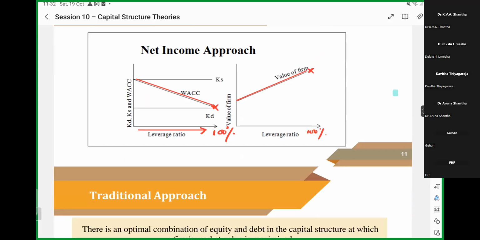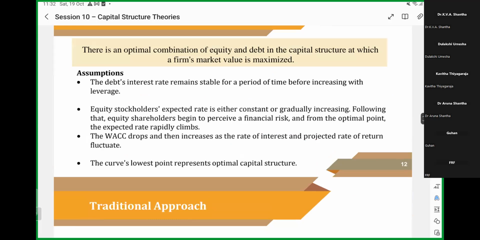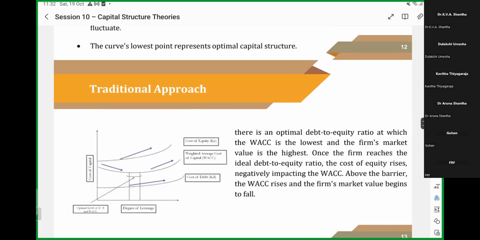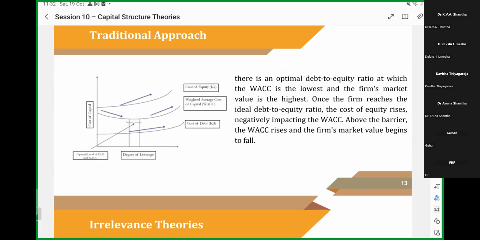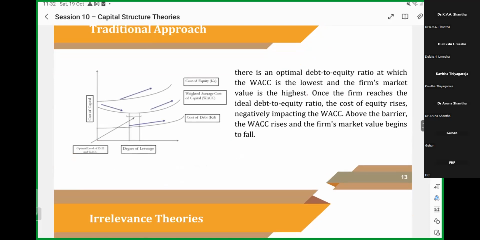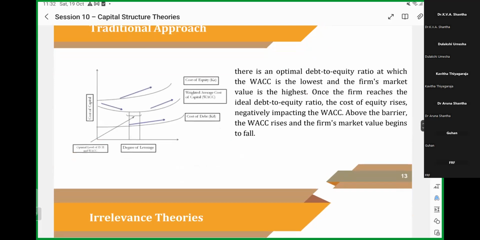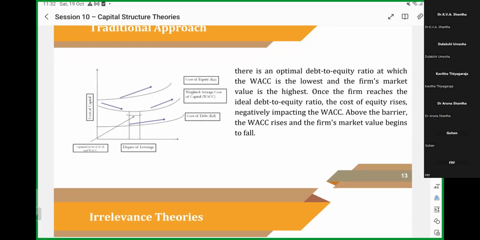But traditional approach shows a different story. It's more practical than the net income approach, because practically we cannot have 100% leverage. 100% leverage means your firm's capital includes only the debt capital. That's not possible.